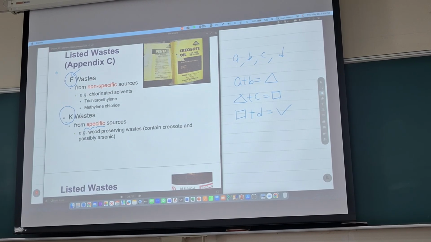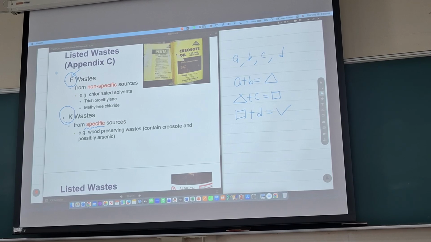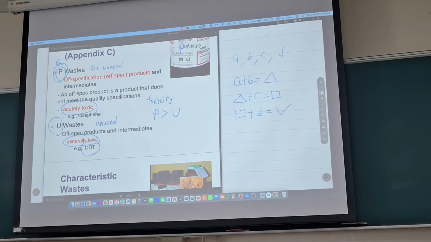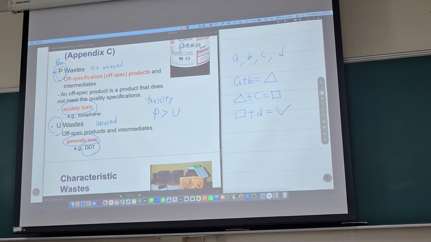I might ask this in multiple choice. F waste is from non-specific sources. K is from specific sources. P is very toxic. U is generally toxic, still toxic, but less toxic than P.